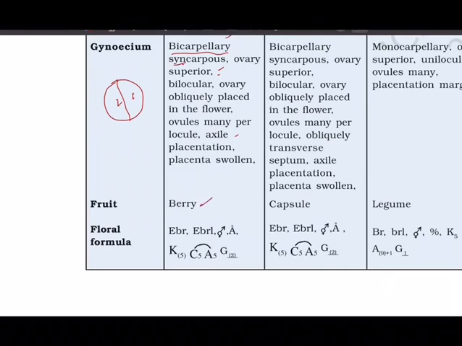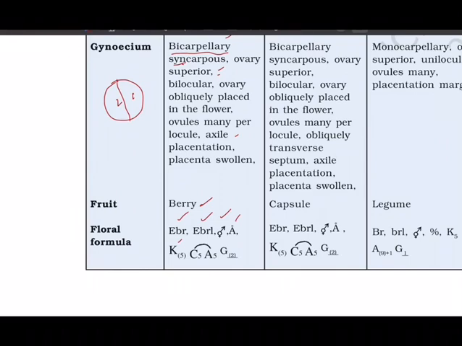And what about the fruit? Fruit is berry type. And how do you write the floral formula? Since EBR, ebracteate, ebracteolate, and both the sexes are present, male as well as female, that is anther as well as ovary, androecium and gynoecium. So we are drawing this actinomorphic flower. And when we write K5, it is the sepals, calyx 5.